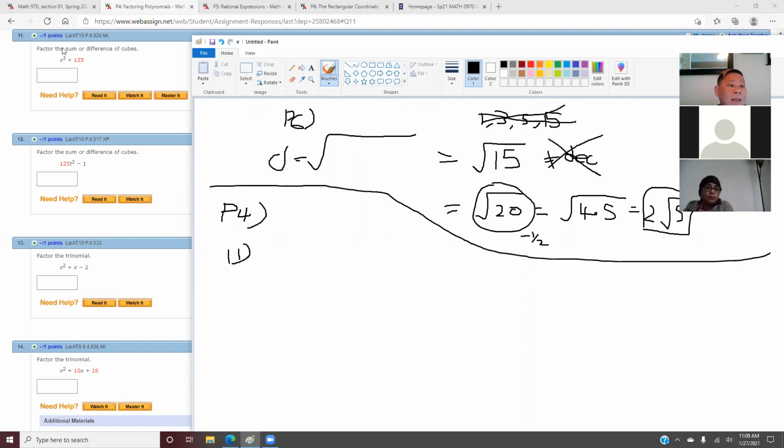Yep. So this is sum and difference of cubes. There are formulas for this, and you do not need to memorize this formula for your test, because in the test I don't ask for cubes.